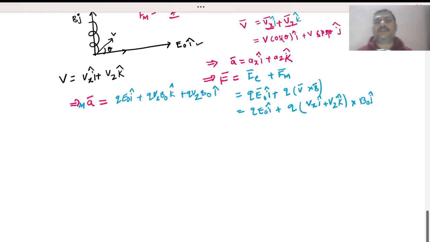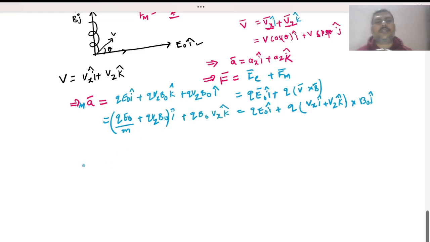K cross j is equal to minus i cap. So now the total acceleration is qE naught by m plus q vz into B naught of i cap plus q B naught vx k cap.